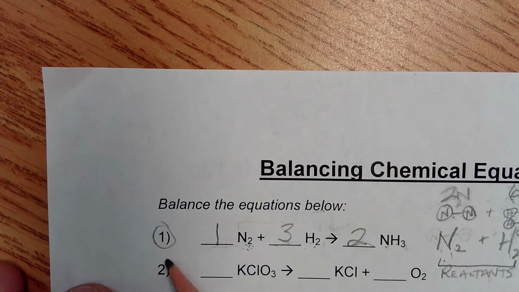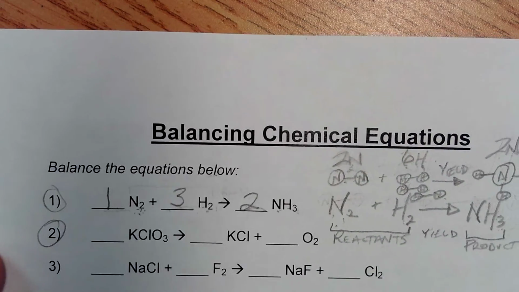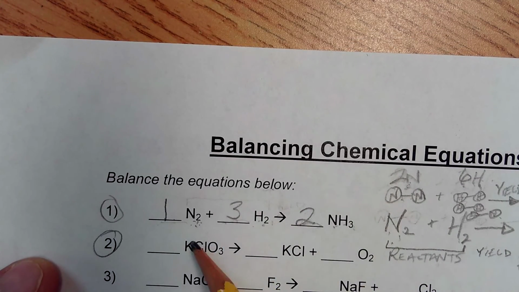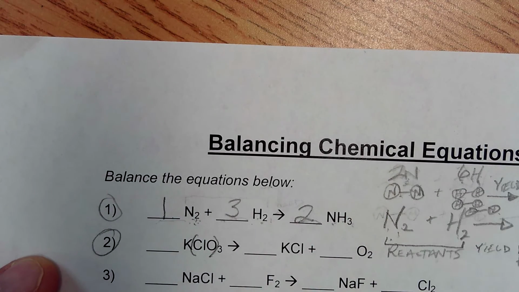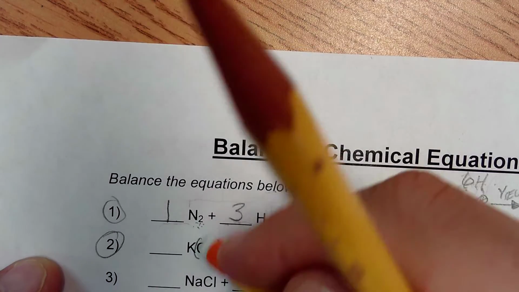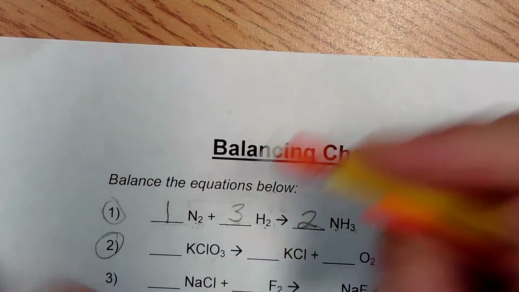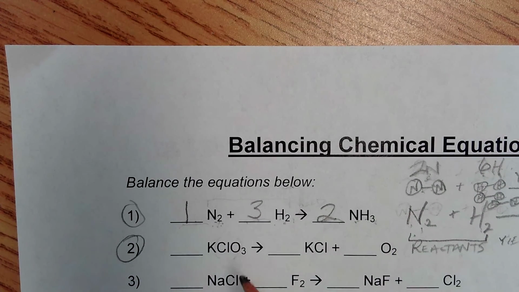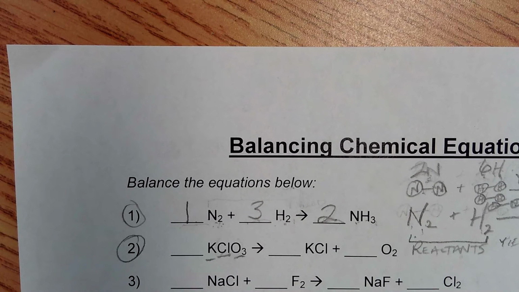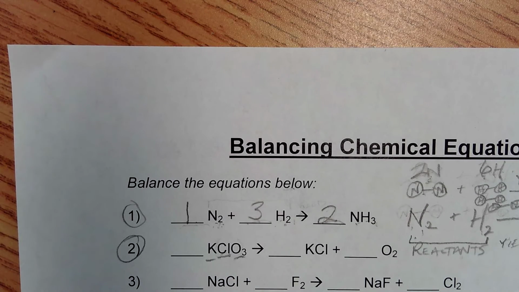Let's do number 2. Technically it's like this, but that 3 at the end is referring to the O, and Cl is chlorine. So we have 3 different elements here, okay?